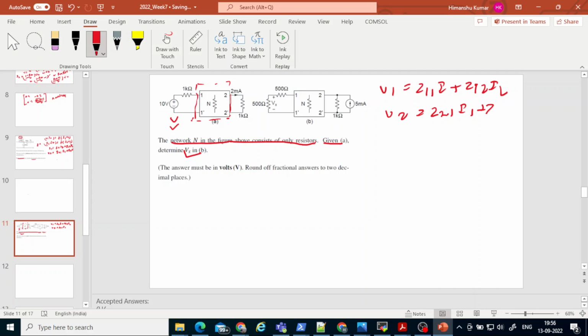Okay, now for this, we can replace this box with our Z parameters model. So what is V1? V1 is the voltage across this terminal, and the current in this branch is I1. Okay, so let me take a different color pen.